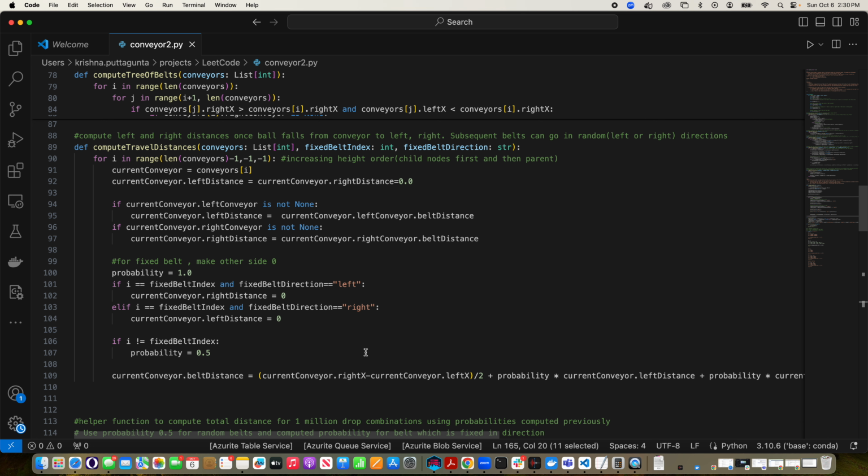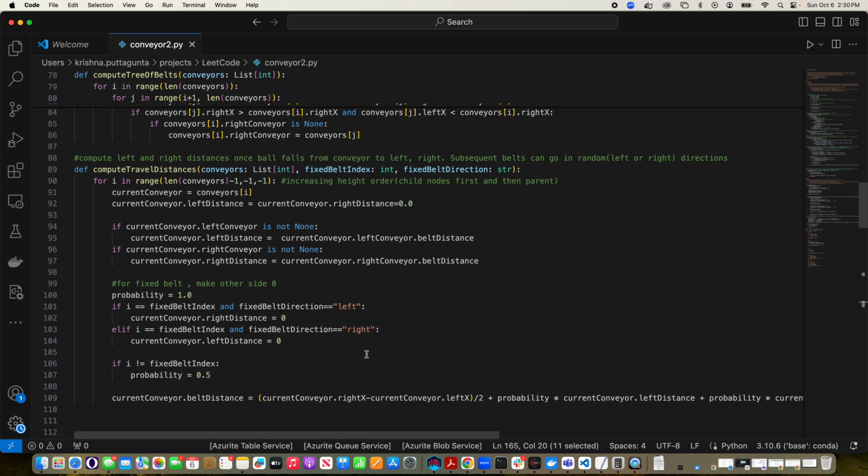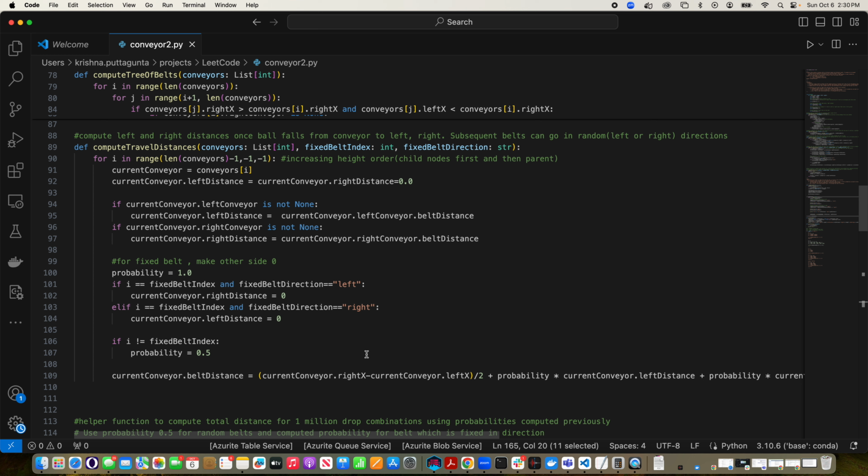the challenging part is. Once you have the tree and you fix one particular belt, you can use this method to compute the travel distances for each belt. Once you fix the belt, go in reverse order, because we sorted in decreasing order of the heights, but to compute the distance you go in increasing order of the height. So start with the lowest belt first, compute the left and right distance, then compute the overall belt distance of that belt.